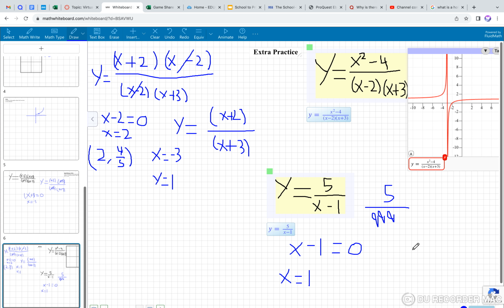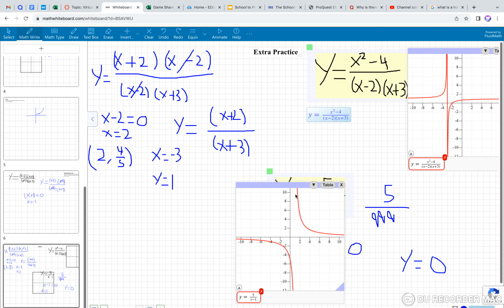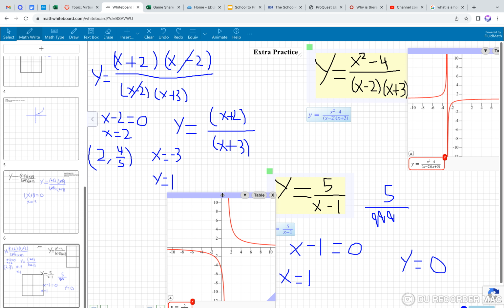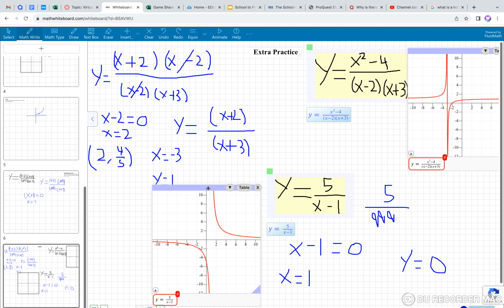Let's see if we're right. So a vertical asymptote, x equals 1, it appears that is true, and a horizontal asymptote at y equals 0, which appears to be true as well.